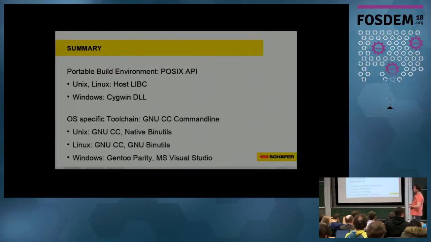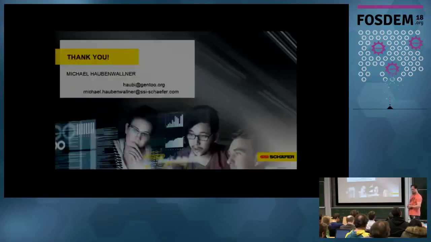For the operating system specific tool chain, which is needed to provide a GNU command line: on Unix and Linux, it's GNU CC using native GNU binutils, and on Windows there is Gentoo Parity wrapping the Visual Studio compiler to provide the GNU CC command line. Questions?